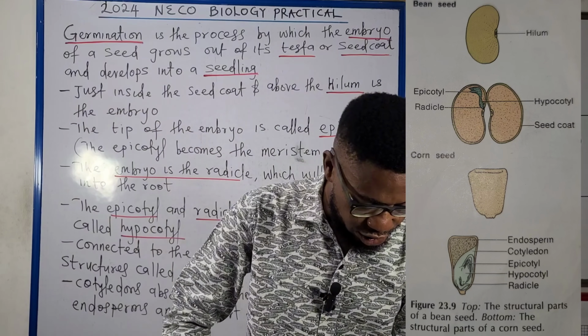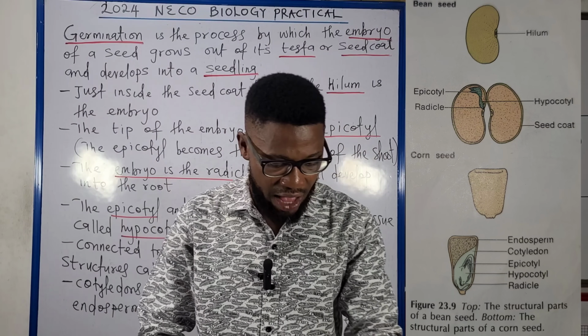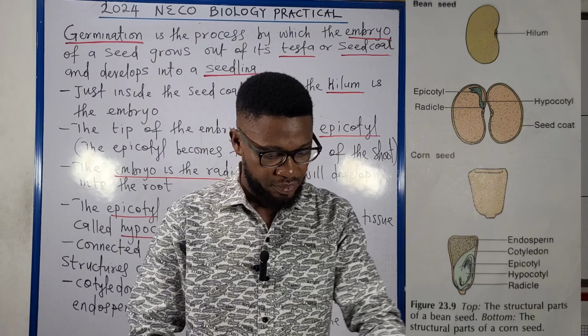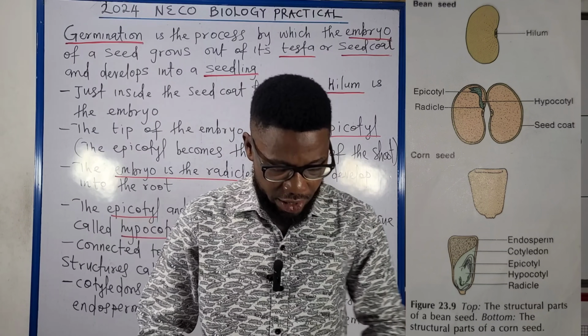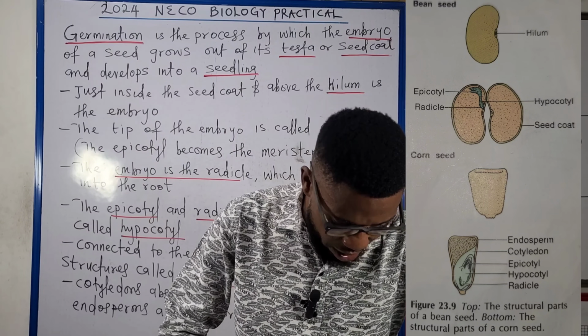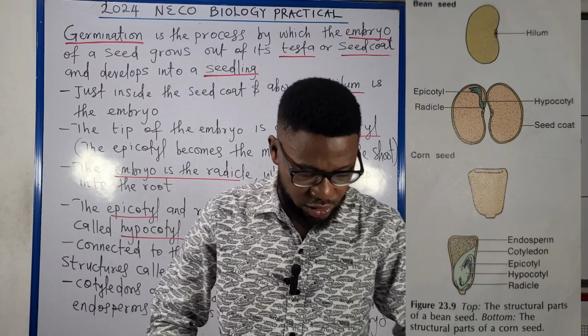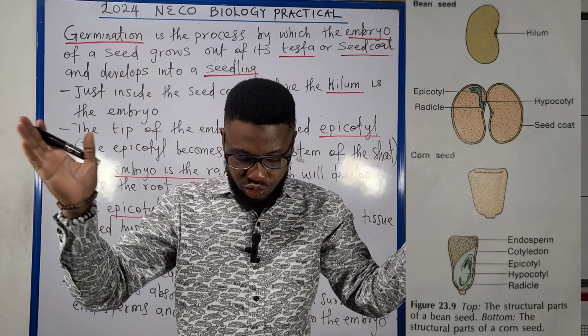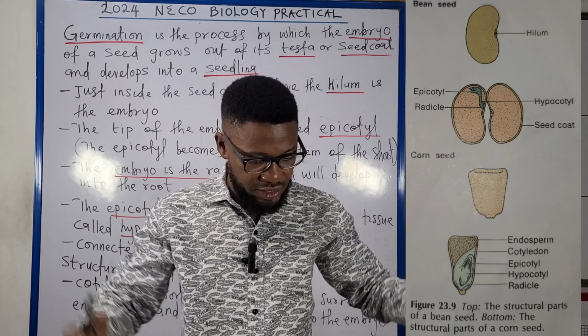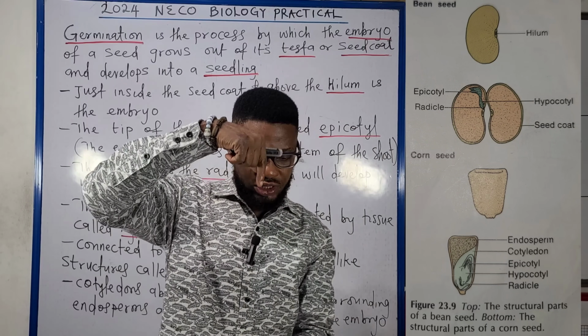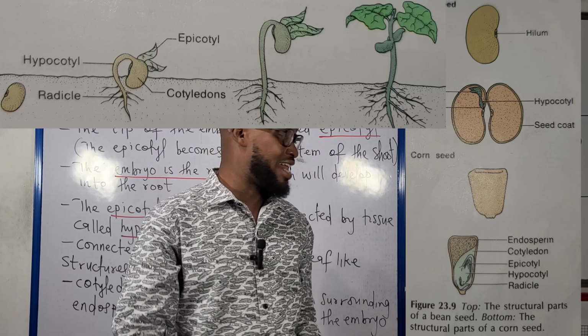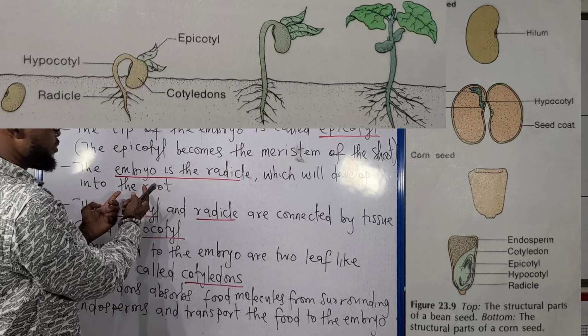So the short greenish structure you have on the inside of the bean seed is the embryo. So the tip of that embryo is called epicotyl, and that epicotyl is what is going to carry the shoots and the foliage leaves. The radicle is going to develop downwards, and that is what is going to form the root.